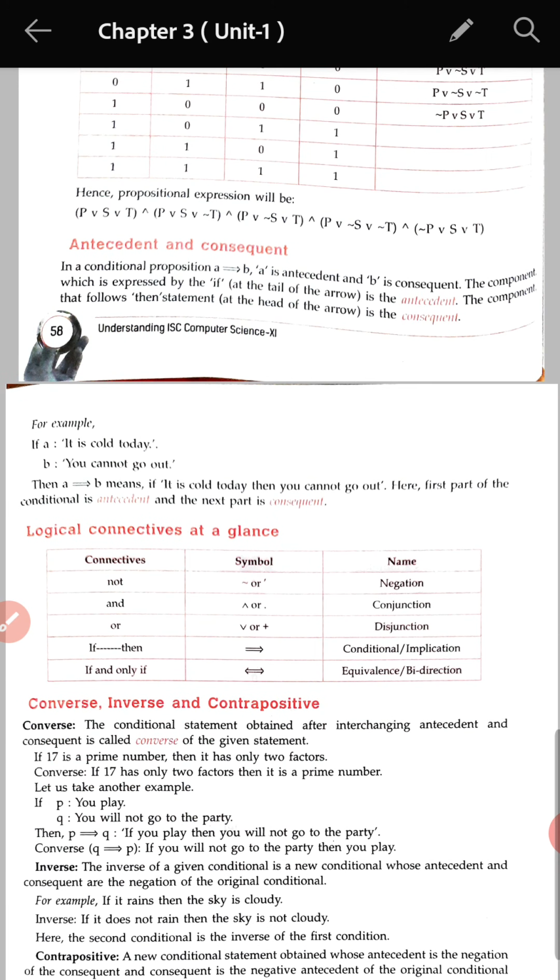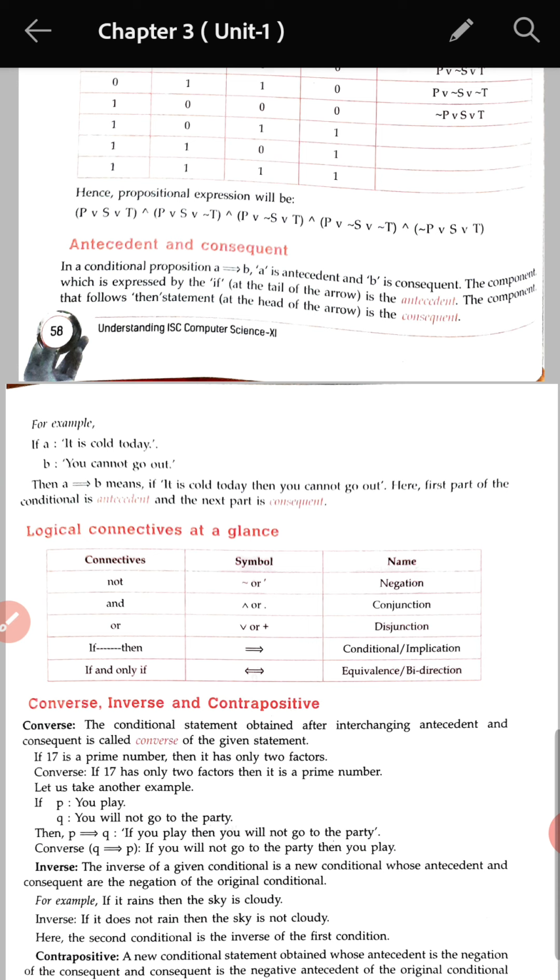If we are using one sentence, for example, A is it is cold today, and B is you cannot go out. If we are writing A arrow B, meaning A implies B, then the sentence is if it is cold today, then you cannot go out.